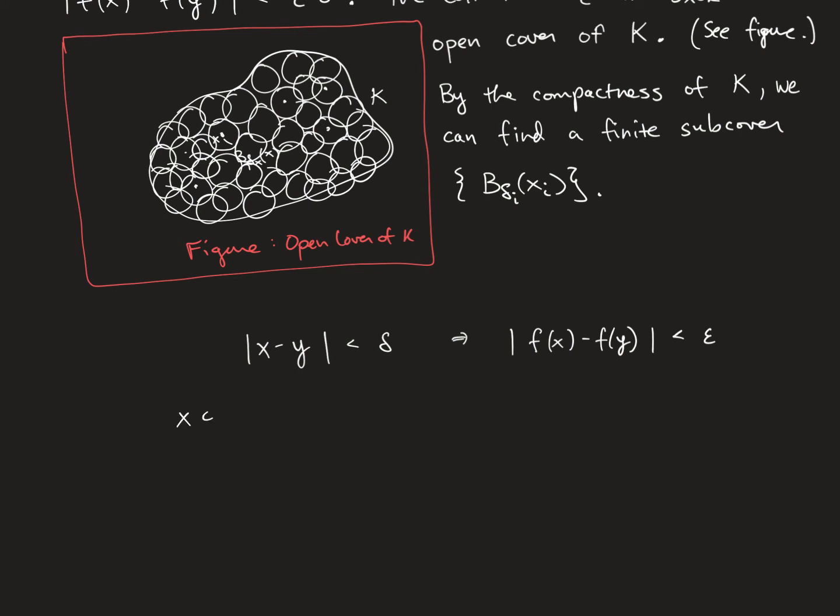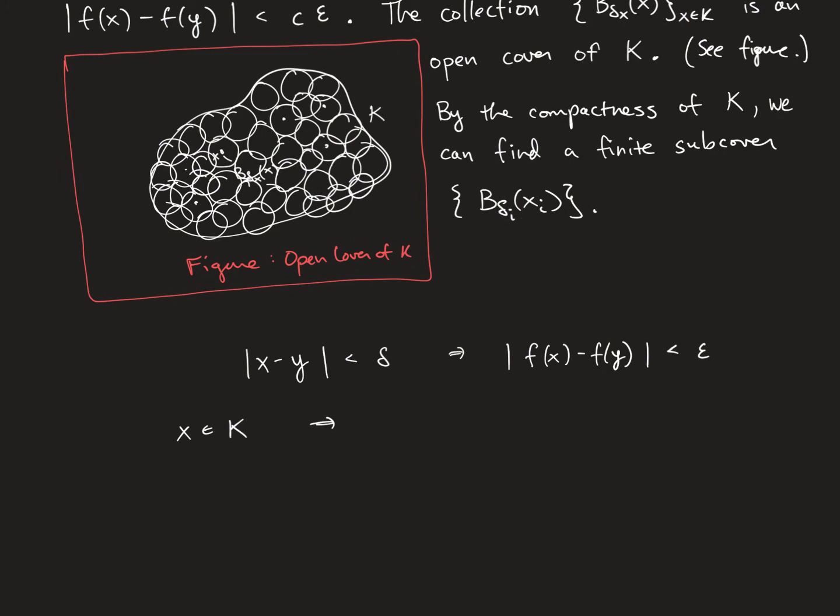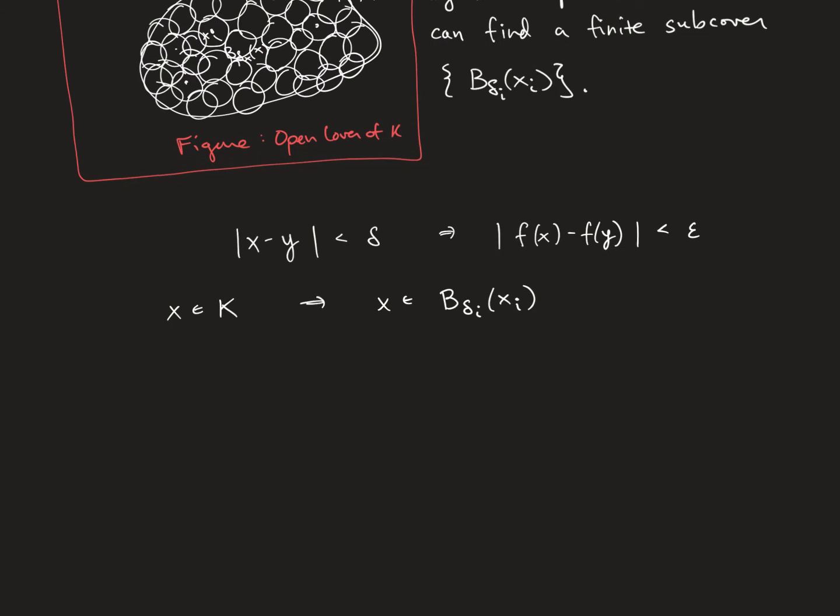So we're given x in K, then because we have this open cover, or we have this finite subcover, x is going to be in one of those balls. So x is going to be in some ball around some x sub i. All right, so I'm just going to give us a generic looking picture.